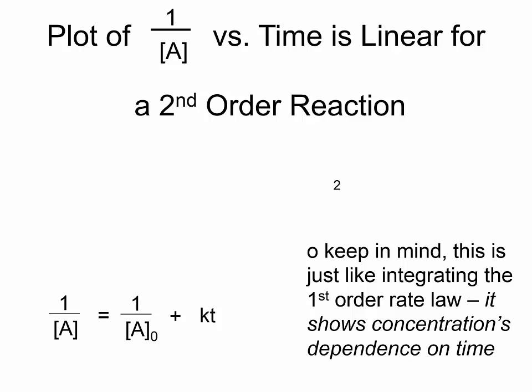So you get a different function where instead of natural log, the inverse of the concentration is equal to 1 over the initial concentration plus K times T. And this is the second order integrated rate law.